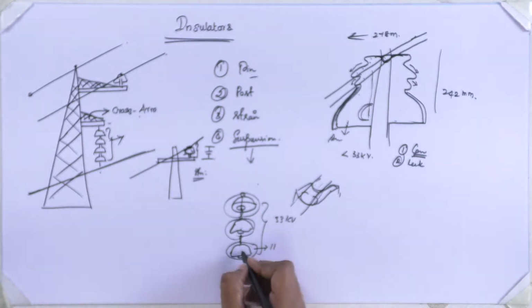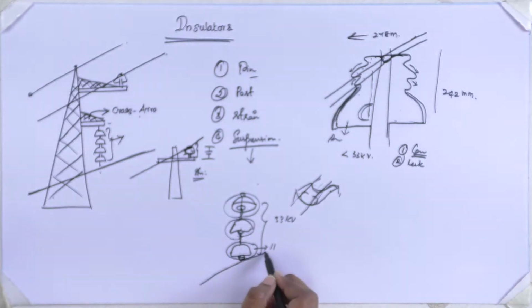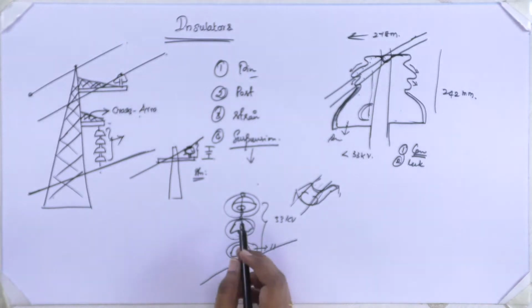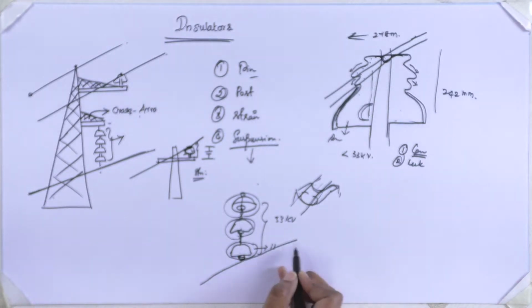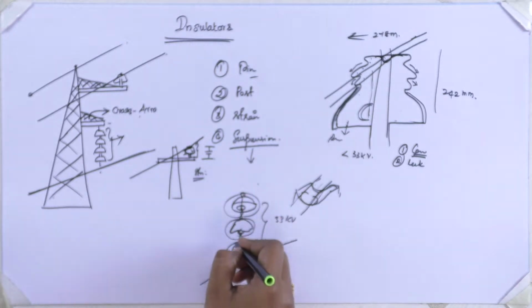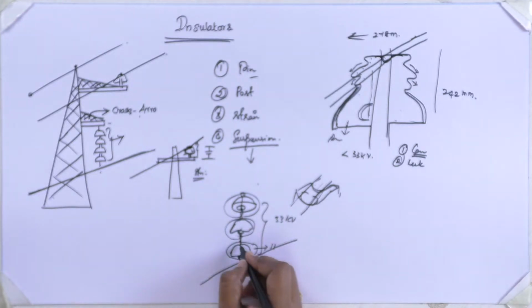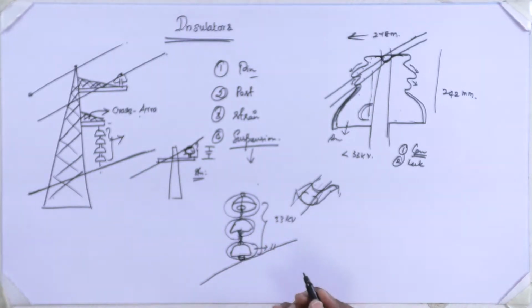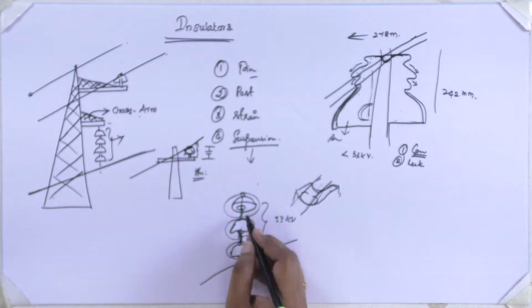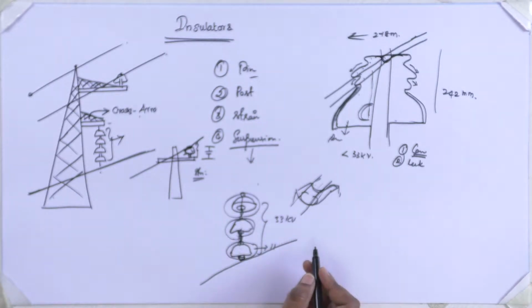This type of insulator has a groove under each insulator, in which the transmission line is passing through. It is named suspension since the transmission line is suspended in these insulators. In the above part, it has the metal part, and the metal part is connected with the clinch, and it is connected to the other insulators. By this, the series of insulators is connected to achieve the voltage level.